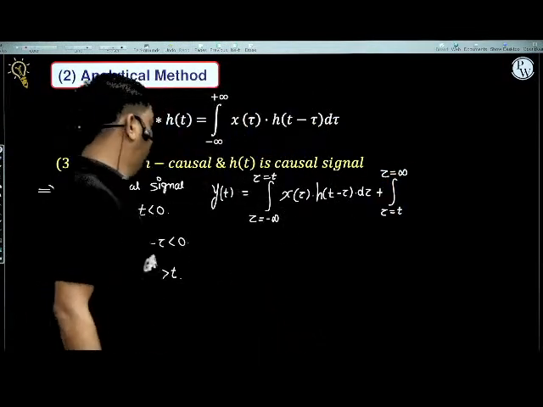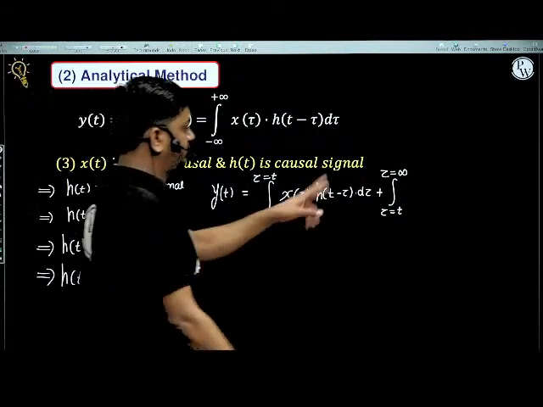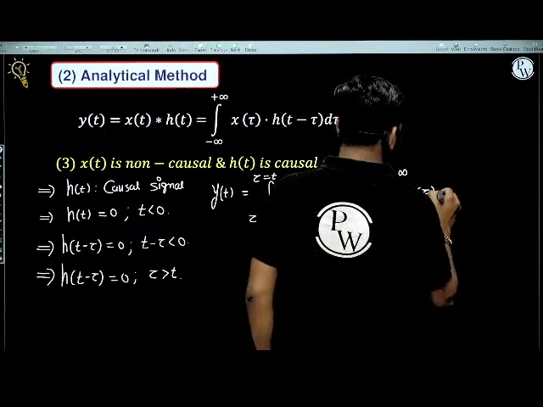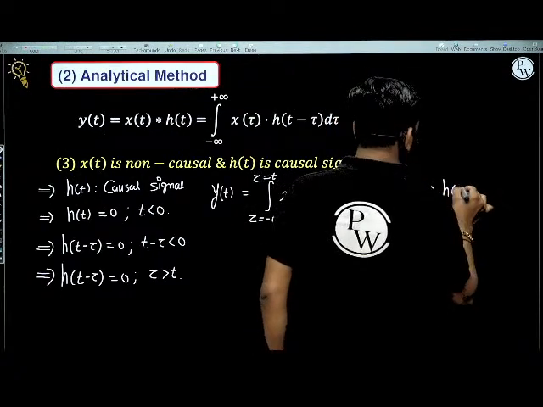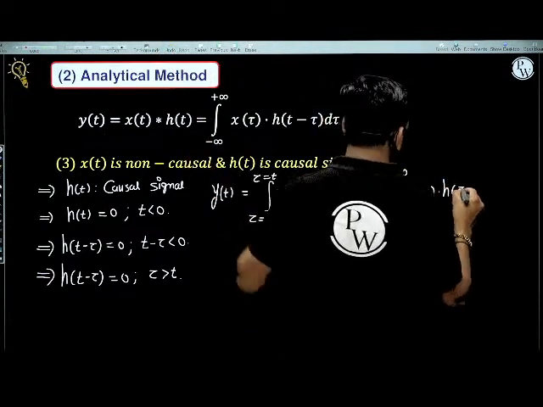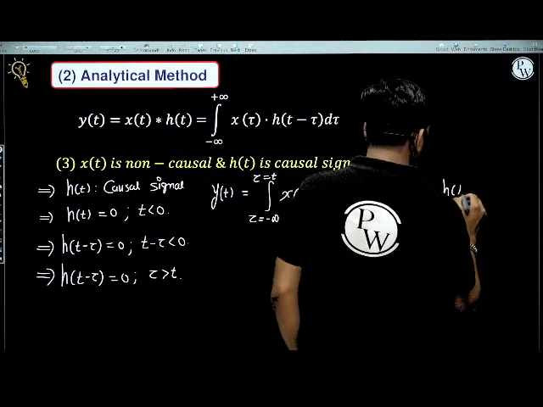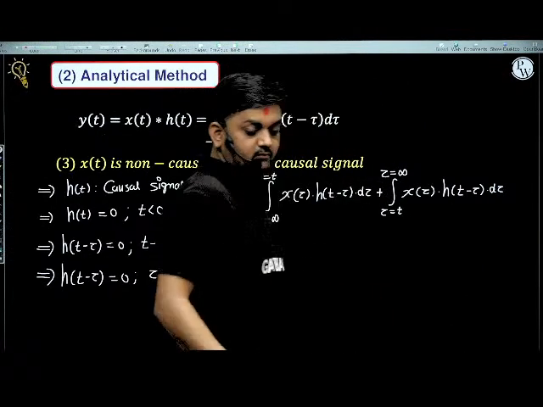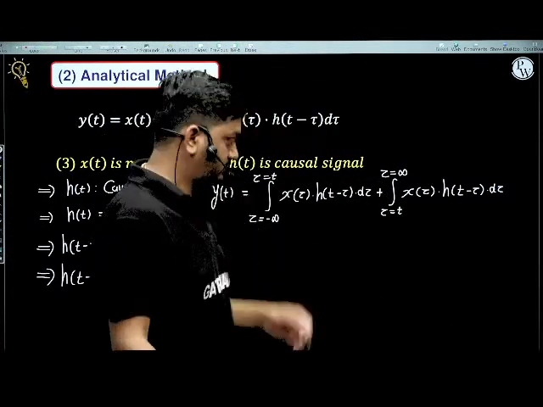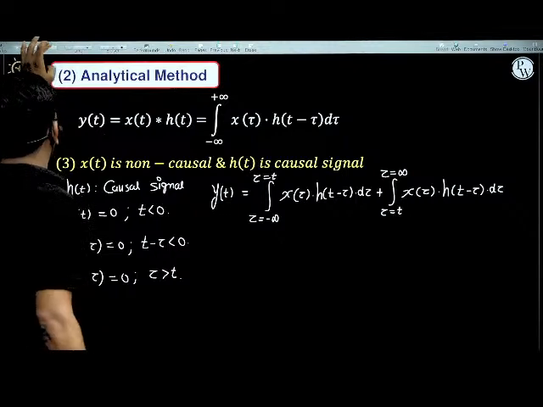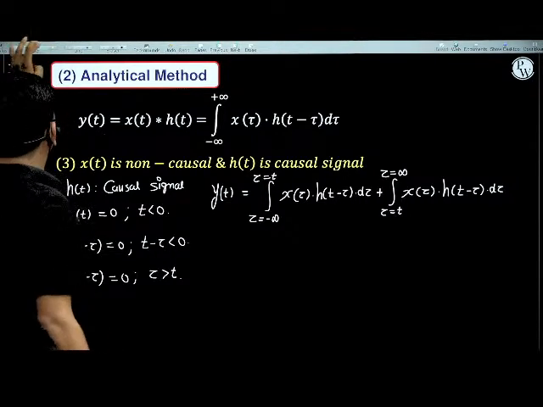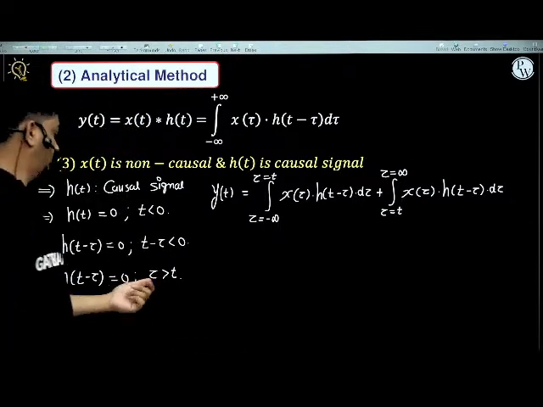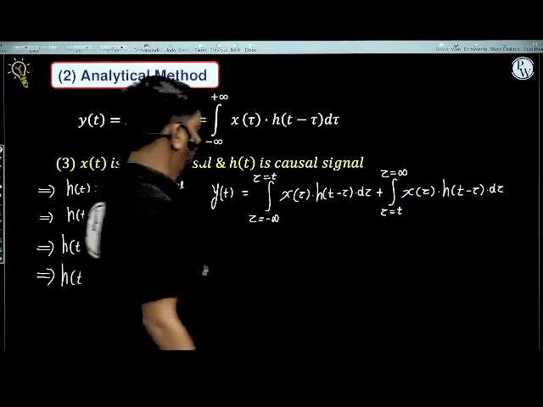Greater than t means what? t to infinite of x of tau into h of t minus tau d tau. Now we know that for tau greater than t, h of t minus tau is 0, guys.